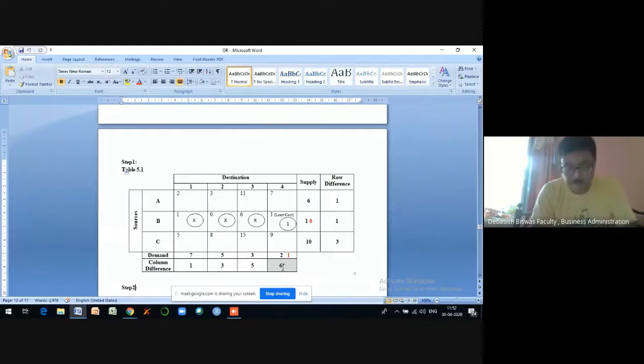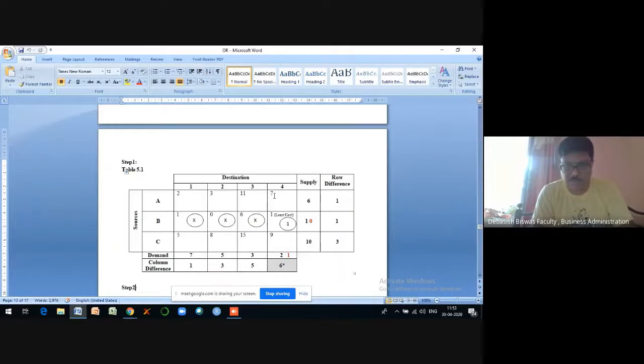Then we will go to the column corresponding to this value. We will go to this column because 6 is here. So the corresponding column is this. And in this corresponding column, we have to search for the least element.